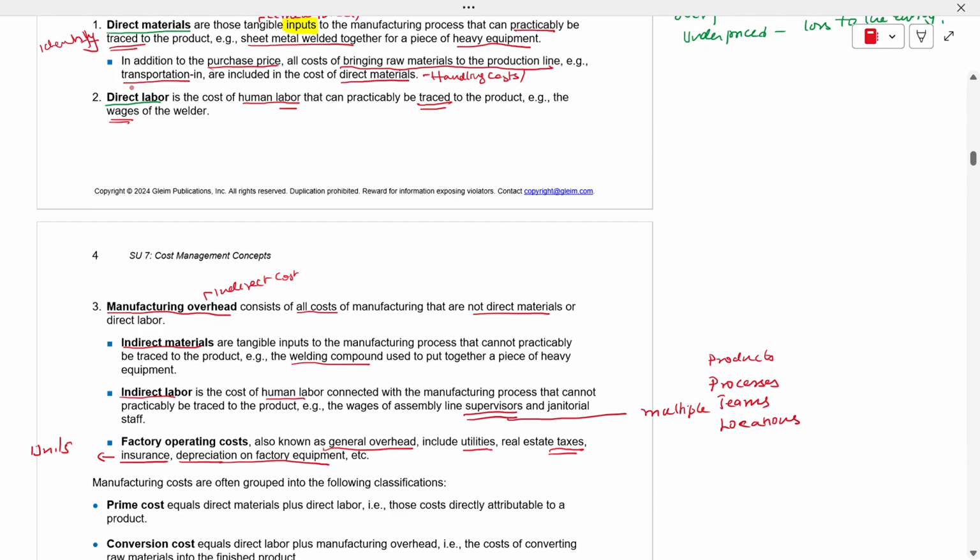Every year you have to pay insurance, every year you have to calculate depreciation, and pay utilities. You have to pay for wear and tear. Manufacturing overheads include indirect material, indirect labor, and factory expenses.